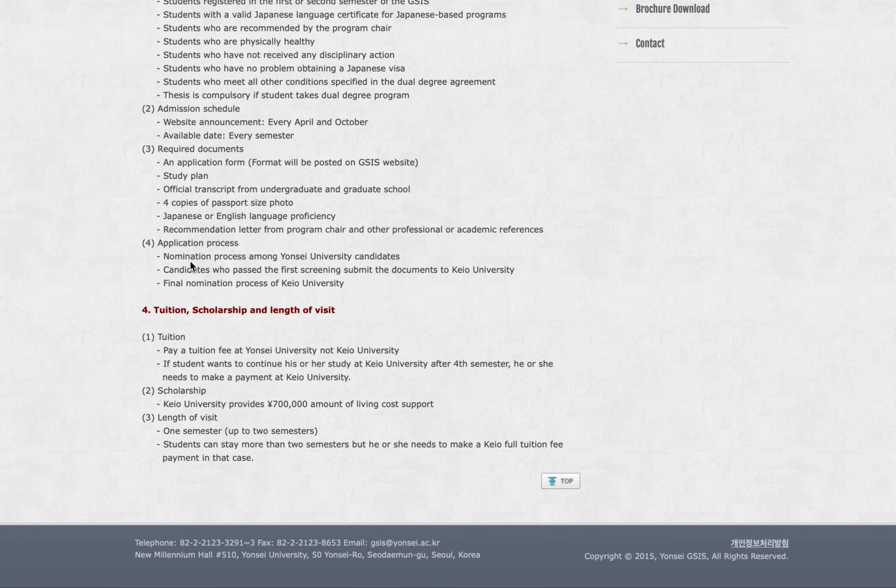Okay, the application process: you have to pass 3 processes. The first is the nomination process among Yonsei University candidates. There are 2 interviews in this process. The first one is the Yonsei GSIS interview.